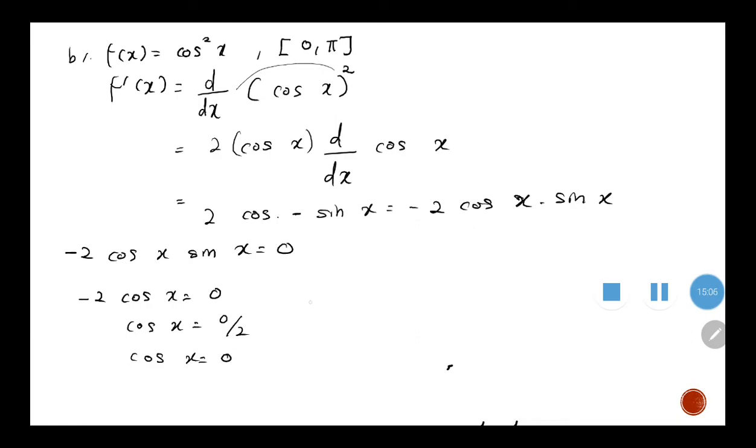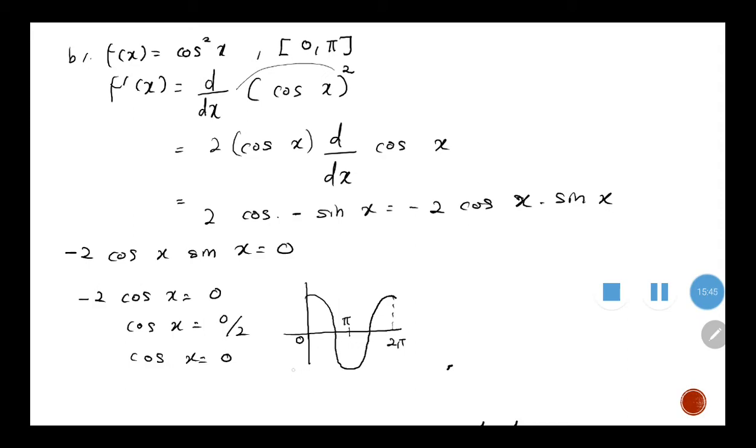Okay, so now I'm going to, this is the graph of a cosine function. Okay, so at what point is the value of x become 0?